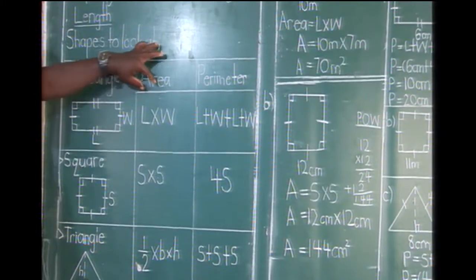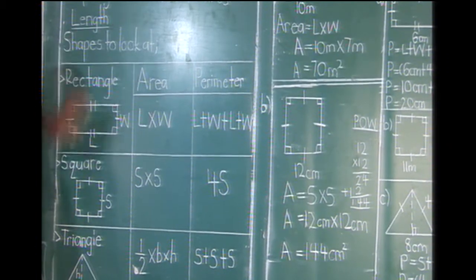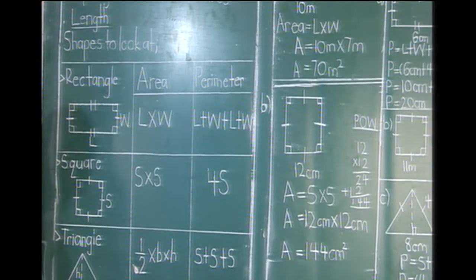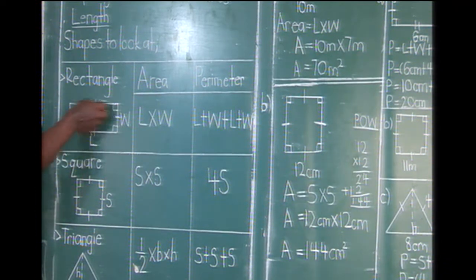We shall then look at why this is called a rectangle. A rectangle is said to be a rectangle if the length is equal to another length, meaning this side is equal to this side.